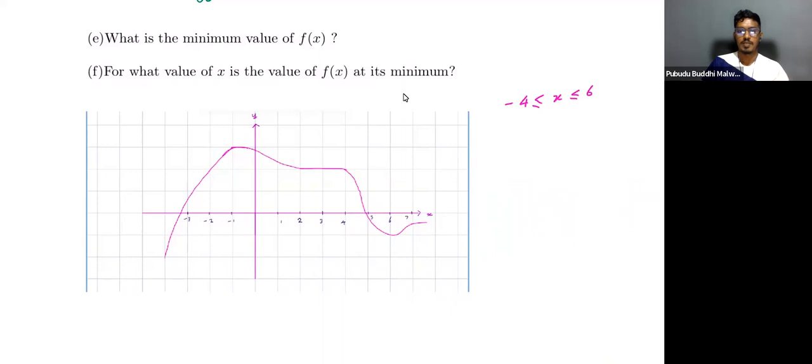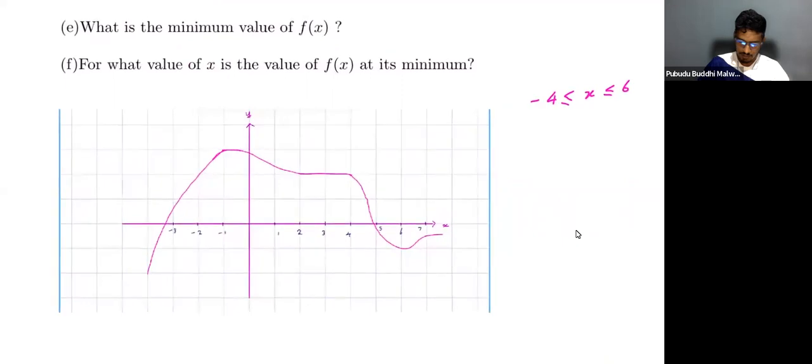Now I need the minimum and also the maximum. Let's compute the minimum initially for this interval. I think it's better you color the region, color the domain. Domain means the x values, right? All the x values. Right now we are talking about -4 to 6, so I'm going to highlight that part. Now compute function values for each x value, then compare those.